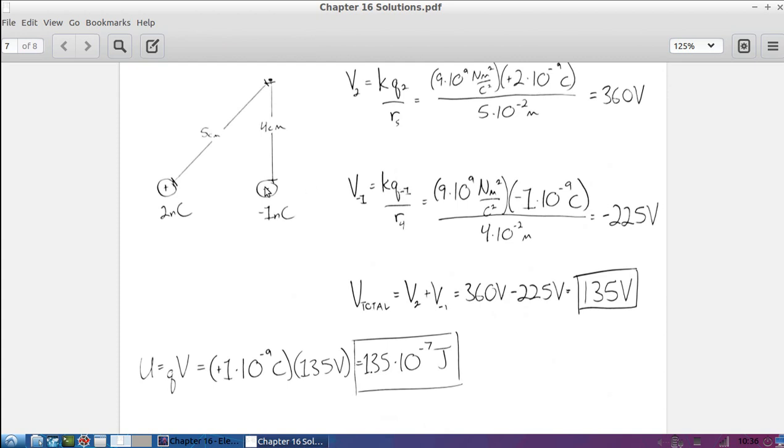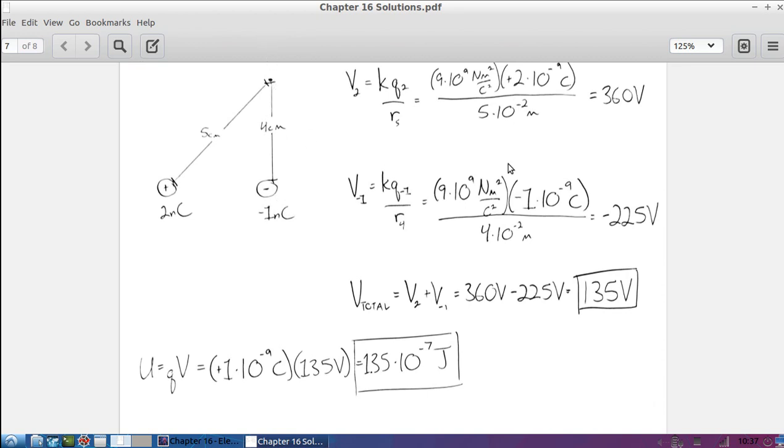So I've got to calculate the potential due to the negative 1 nanocoulomb charge. Again, it's a scalar, but potential can be negative. It's dependent upon the sign of the charge, so we don't use our absolute value bars here. So K times Q negative 1, which is 1 nanocoulomb, divided by the distance between the 1 nanocoulomb charge and that point, which is 4 centimeters.